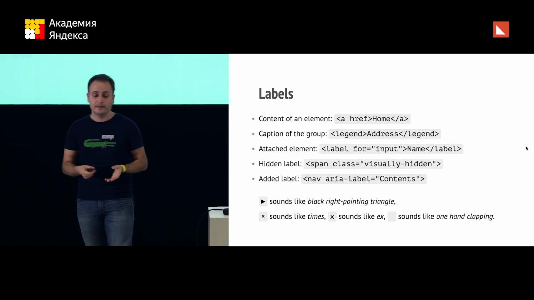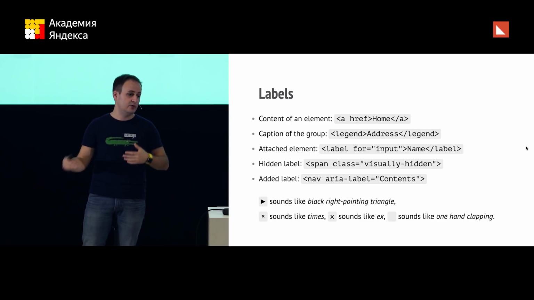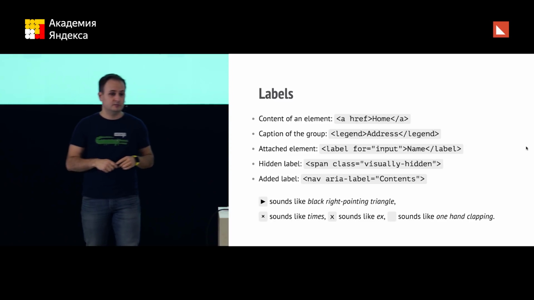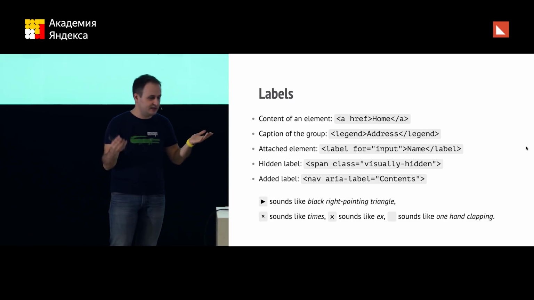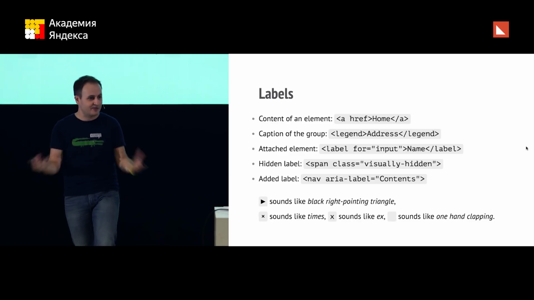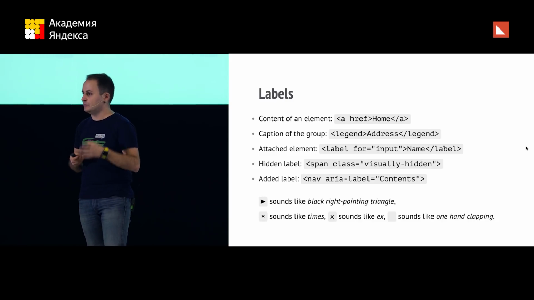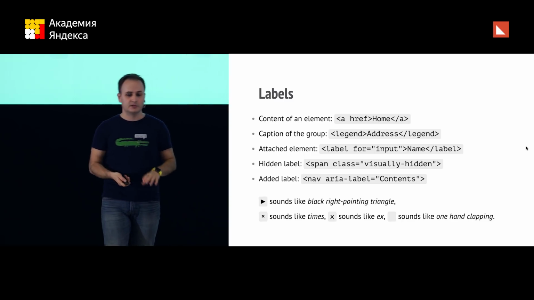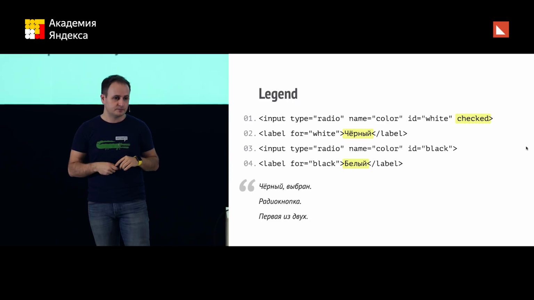It's just confusing. So please hide such things with aria-hidden true if you add it. And of course, an empty element sounds like the clap of a single hand. It sounds like nothing. So make sure your elements have some content in them, some text content or attribute. So labels are crucial for interfaces to be accessible.